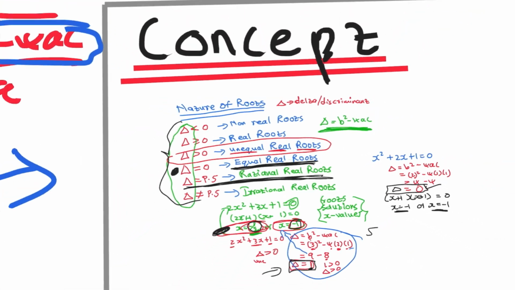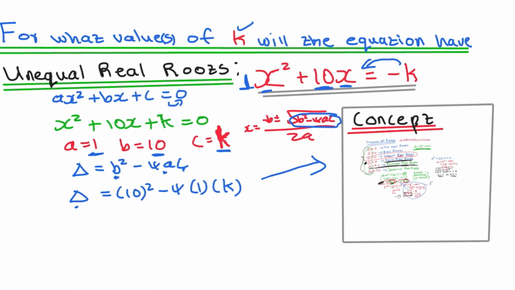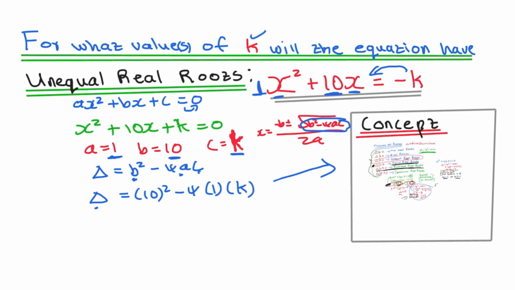So let's go back. We can see that the question spoke about unequal real roots. Unequal meaning we need only greater than. Real is greater than 0. So I need my delta to be greater than 0. Does that make sense?